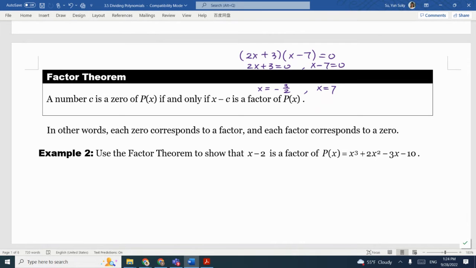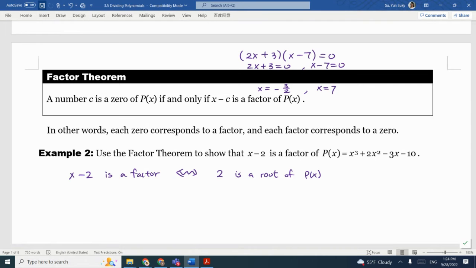Okay, so example 2. Use the factor theorem to show that x minus 2 is a factor of the polynomial. So x minus 2 is a factor if and only if 2 is a root of p of x. Do you agree, everybody?